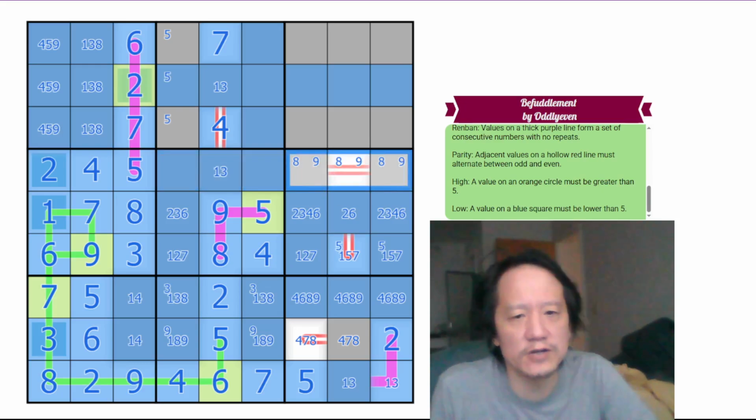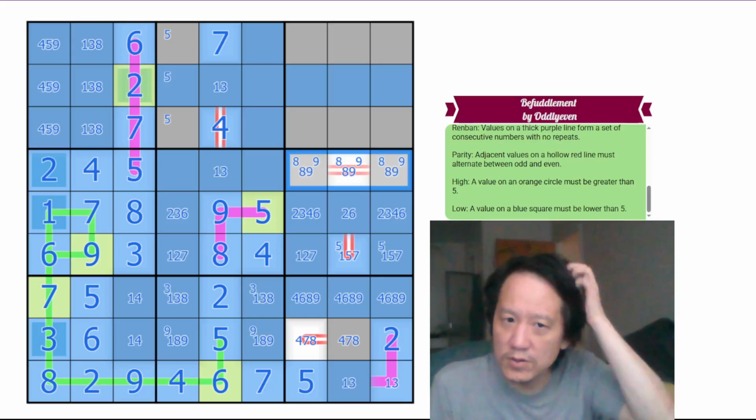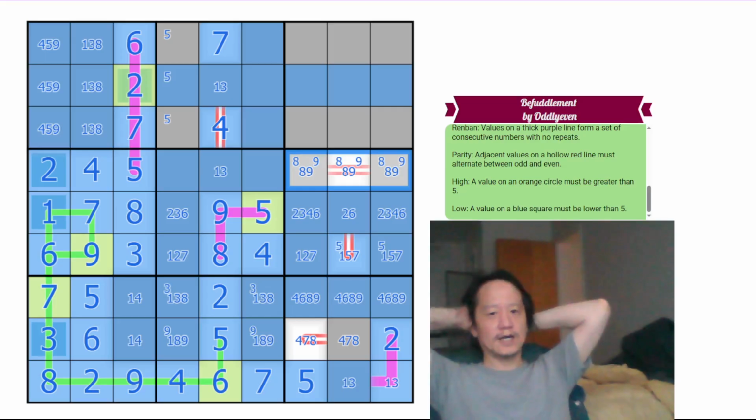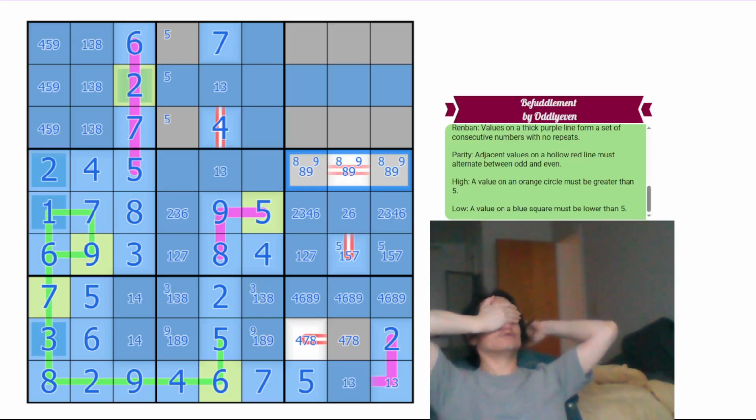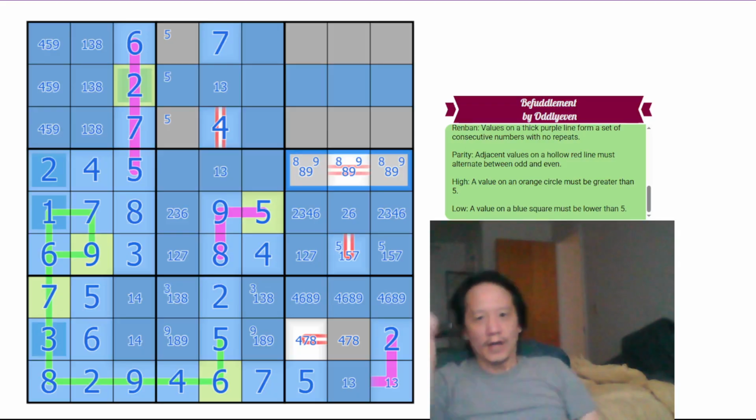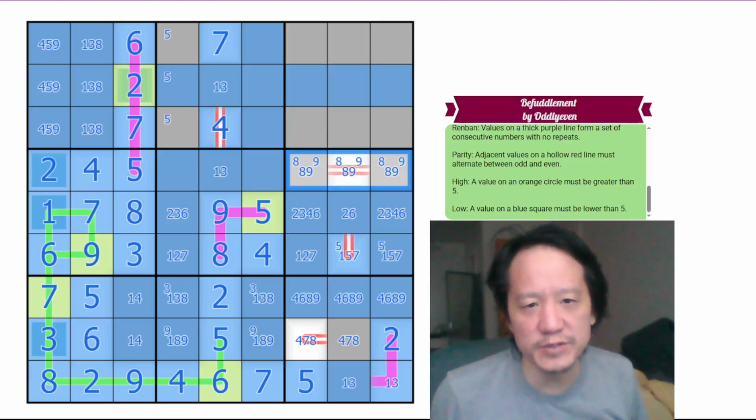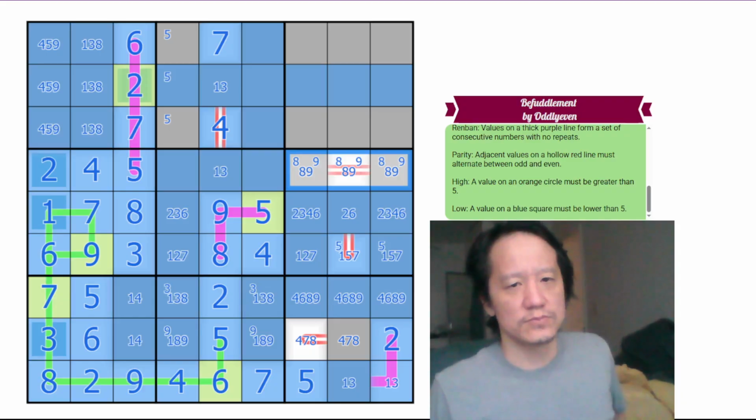What are the remaining digits in... We know we have a guaranteed 8 and 9 here. 9 is not doubled. 8 could be doubled. Actually, one of these is guaranteed to be doubled. What are the remaining digits?